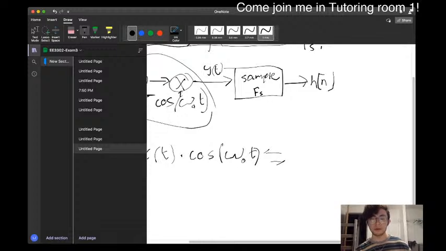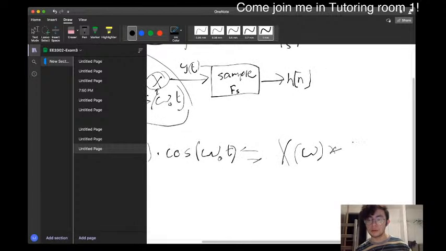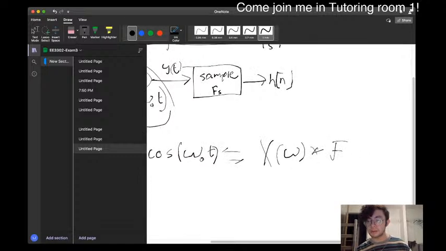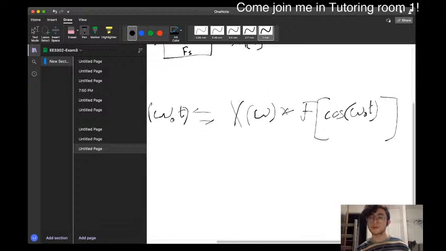So remember that this is going to have the relation x omega convolved with cosine. So whatever the Fourier transform is of our cosine omega naught t.